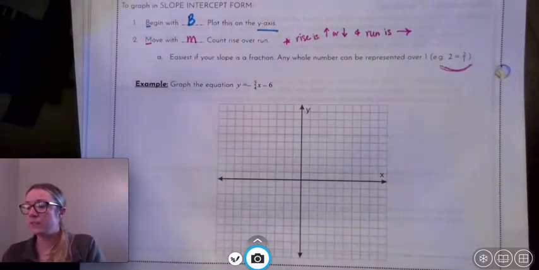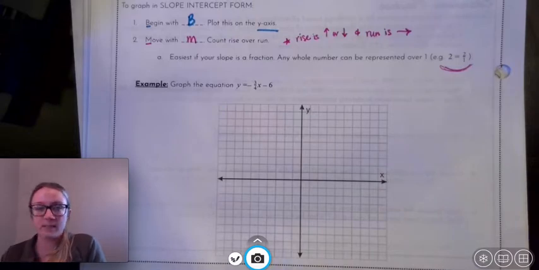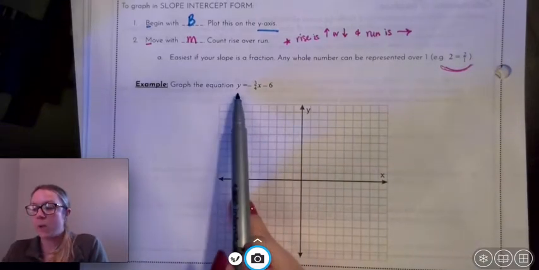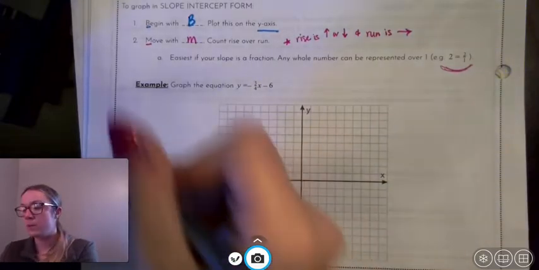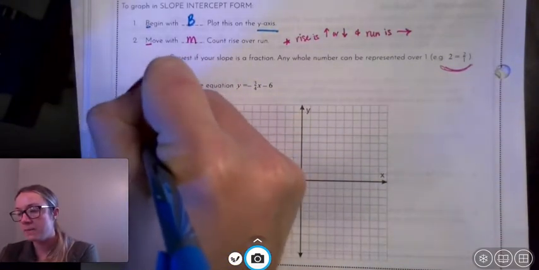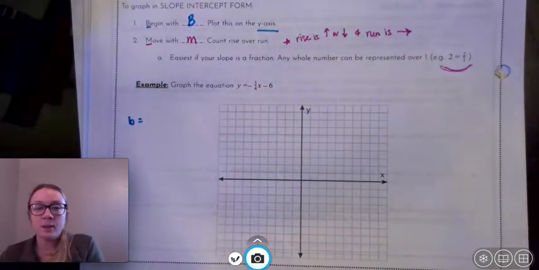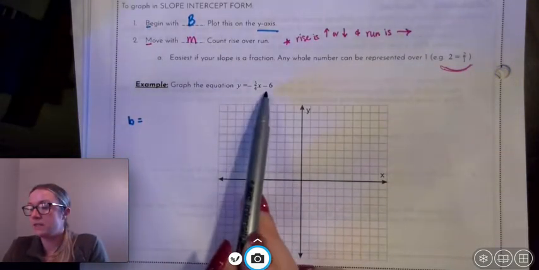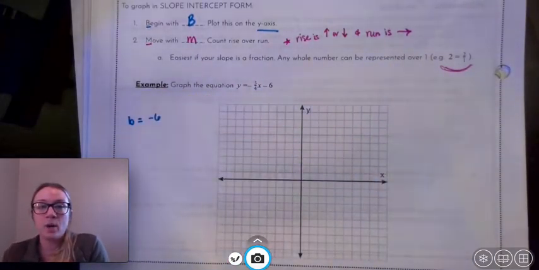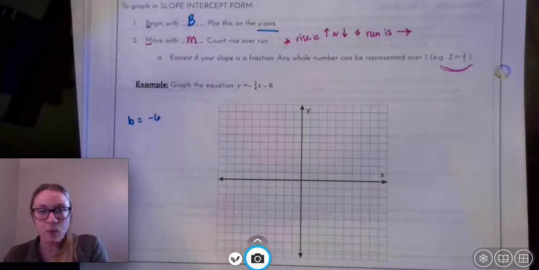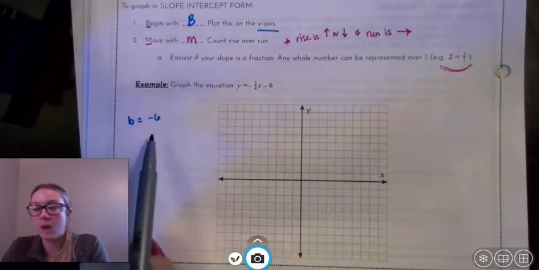So for this one, it says graph the equation y equals -3/4 x minus 6. My y is by itself, which means it is in slope-intercept form. So I want to begin with my b. And so I first have to identify what b is. My b is this -6. And so I'm going to plot that on the y-axis, because remember, this is our y-intercept.